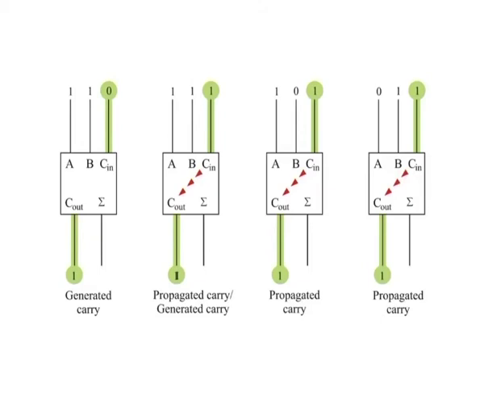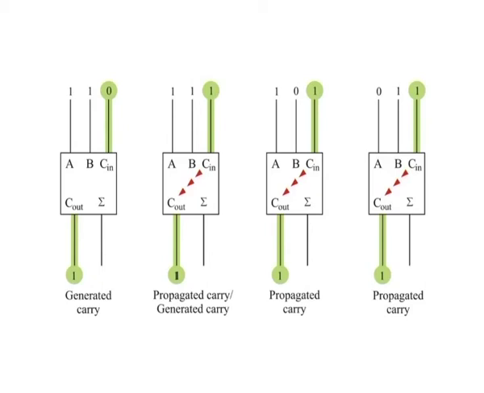The look ahead carry adder anticipates the output carry of each stage and, based on the inputs, produces the output carry by either carry generation or carry propagation. As illustrated in the figure, carry generation occurs when an output carry is produced or generated internally by the full adder.